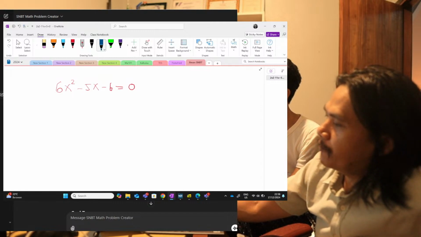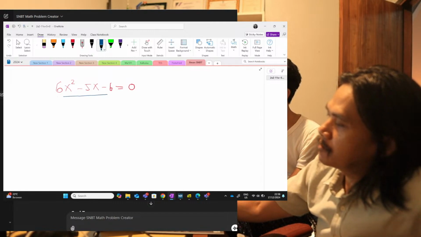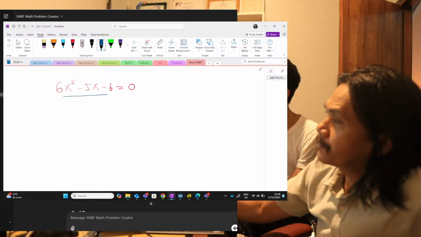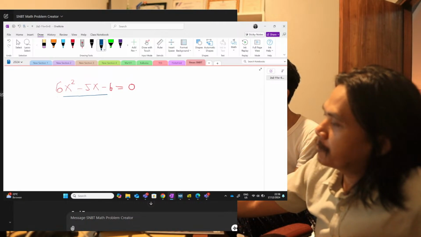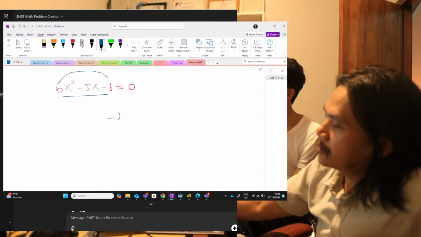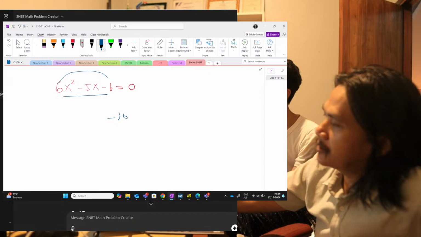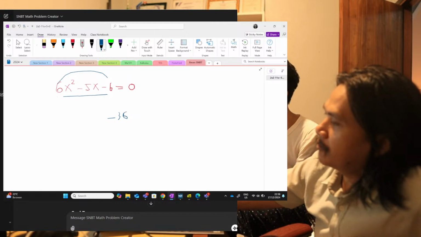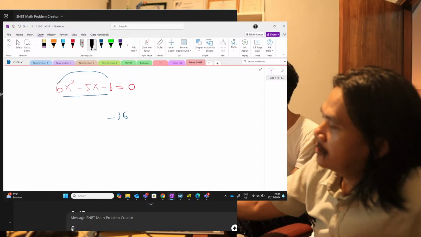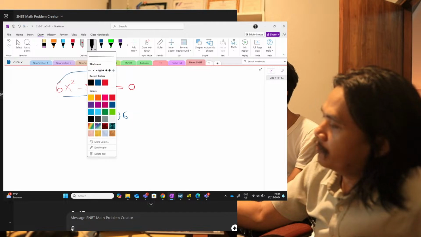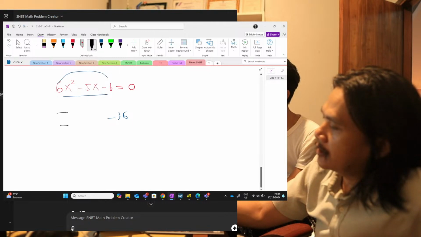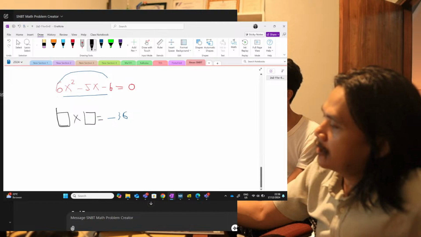Bagaimana cara memfaktorkan ini tanpa harus membuat kita menuliskan si misalkan ini kan 6 kali min 6 kan min 36. I'm just doing monologue. So we are looking for two numbers, so that kita cari dua bilangan yang hasil perkaliannya negatif 36 dan hasil penjumlahannya adalah negatif 5.